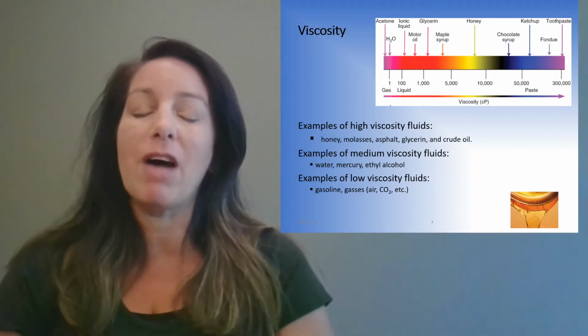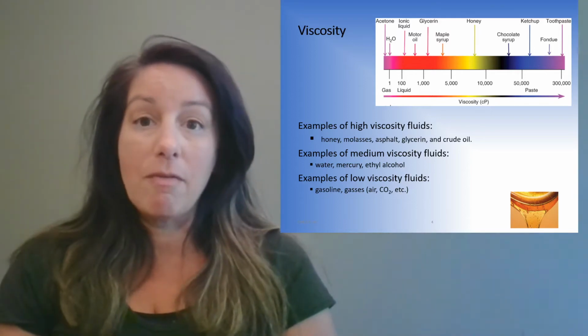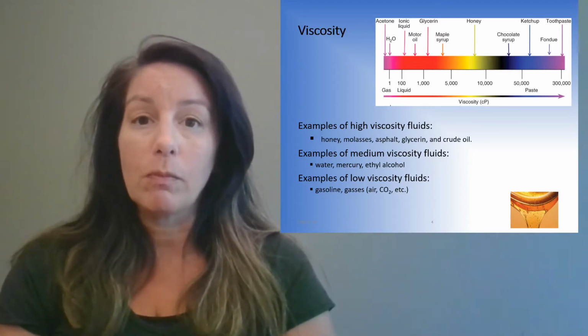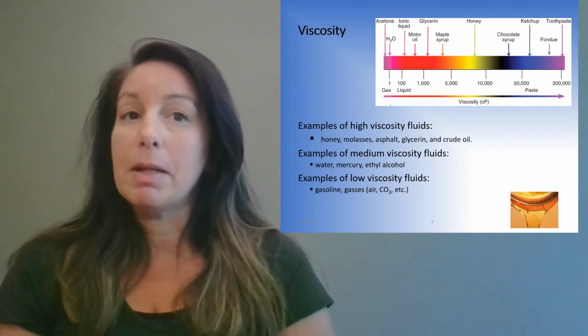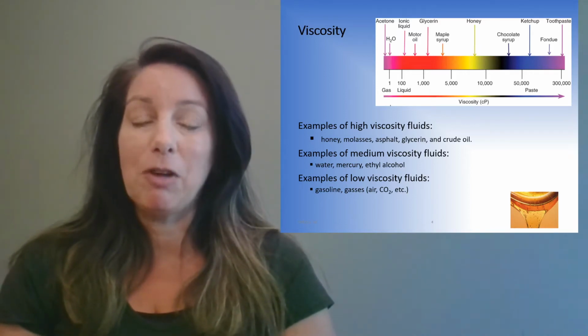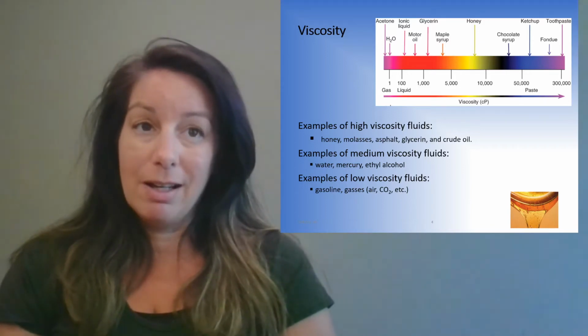So examples of high viscosity fluids, fluids that have a high resistance to shear: honey, molasses, asphalt. I don't know if you guys have seen asphalt poured. It is sort of liquid before it becomes a solid.